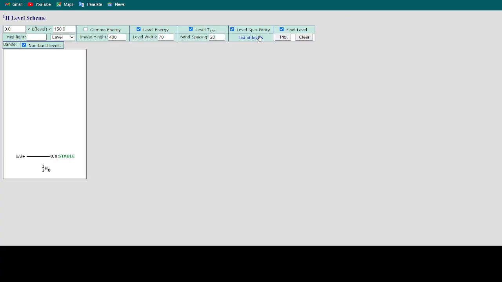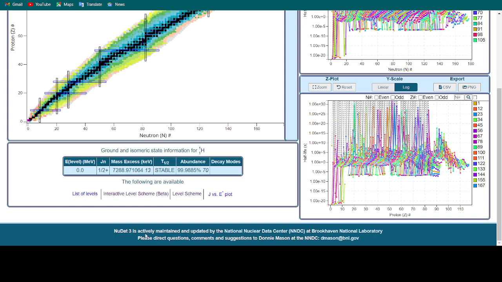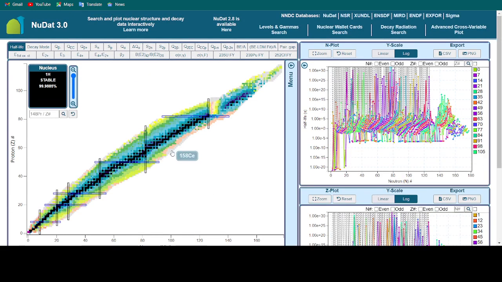Level of spin parity, final level plot. If you just play with it, you can see that it will show you everything: band spacing, level width, everything is given, whatever you want. And yes, this black line is actually showing the stable nucleons.